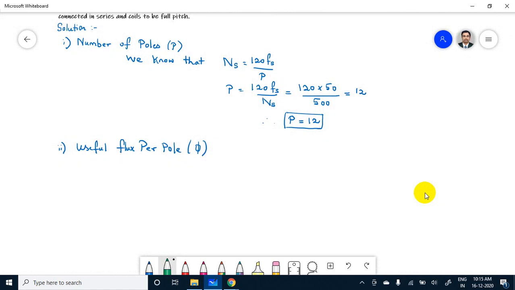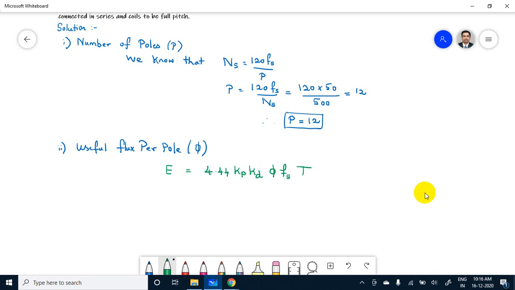EMF generated E equal to 4.44 Kp Kd flux, supply frequency into number of turns.